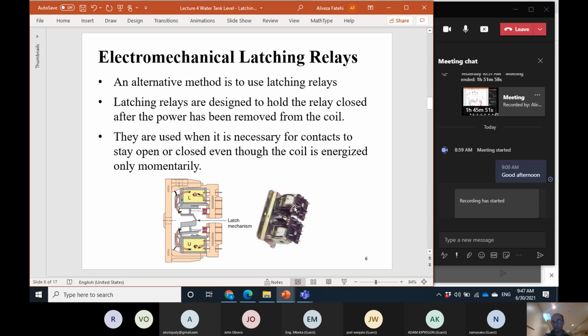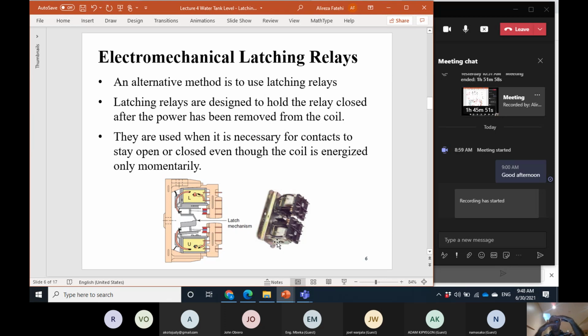When we energize one of them, the contact closes and remains closed even if we take the electricity out of that coil. It remains closed until we apply electricity on the other coil, or let's say energize the other coil.